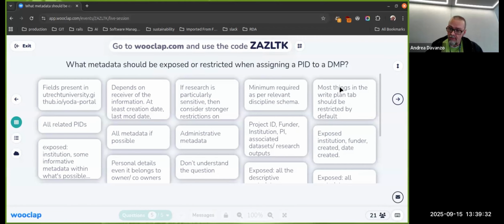But it's also a consideration in a bigger project, which is the integration of the RAID standard, the research activity ID. If you're not familiar with it, it is an identifier that is going to comprehend the entire research activity.